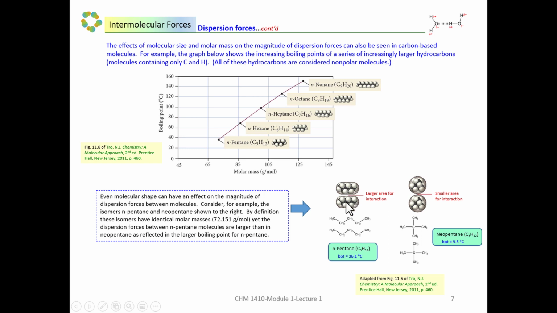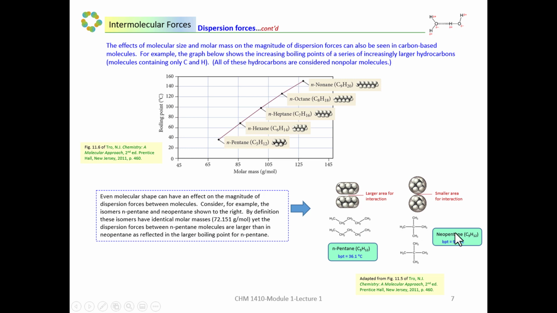Neopentane, which again also contains 5 carbons and 12 hydrogens, is shaped entirely differently. It's shaped more spherically, and so when 2 neopentanes approach each other, there's not a lot of area for interaction by dispersion forces. So the result is the dispersion forces in n-pentane are significantly larger than the dispersion forces in neopentane.